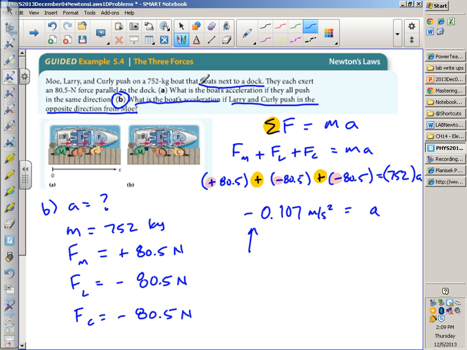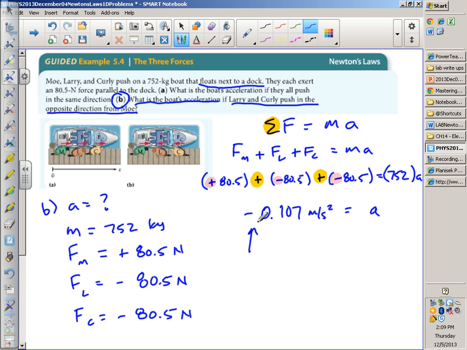If something is at rest and experiences a negative acceleration, what's actually going to happen to it? It's going to go backwards, and it's actually going to do what while it's going backwards? It's going to speed up while it's going backwards. If it starts at rest, even though it has a negative acceleration, that means it's going to speed up just in the negative direction. Okay?